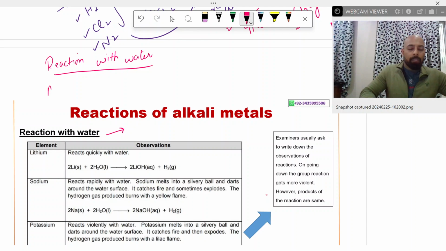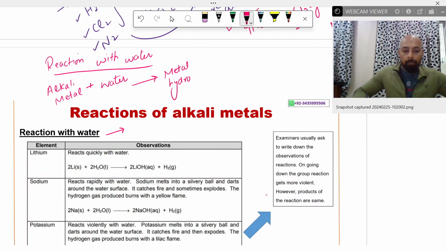Choose any alkali metal. Okay, alkali metal plus water. ठीक है, so two things will be produced. One is metal hydroxide, and what else? Hydrogen gas.